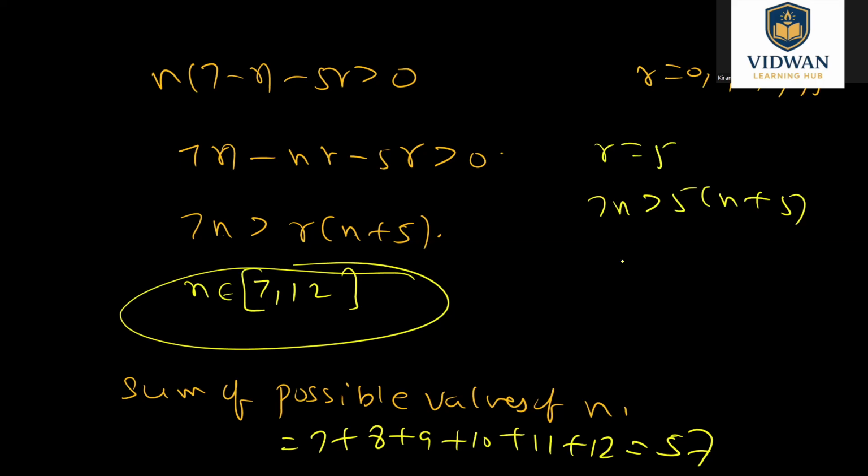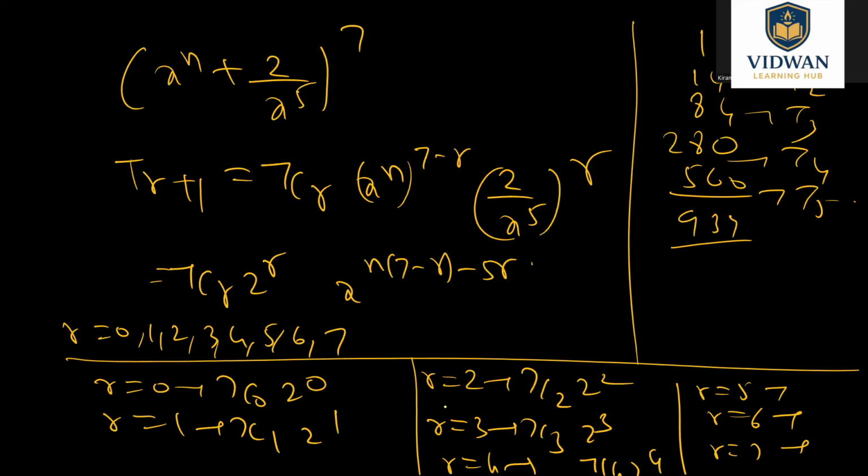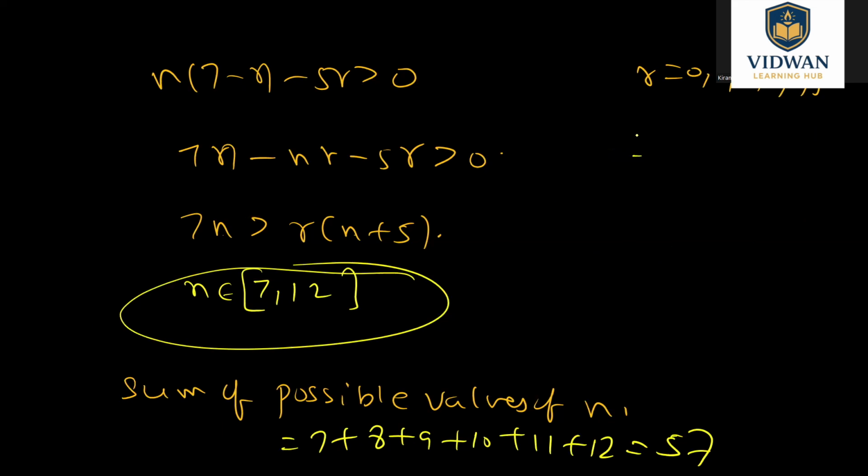So you will get 2n is greater than 25. Can we choose this? No. So which term was the last term that I've chosen? Fifth term was the last term. Then I had to take 4 in that case. So if fifth term was the last term, I had to take till only 4.